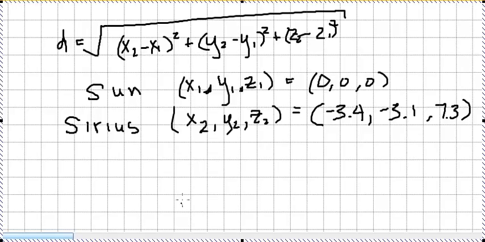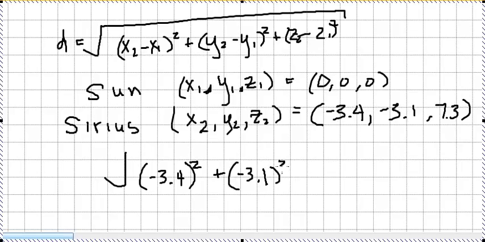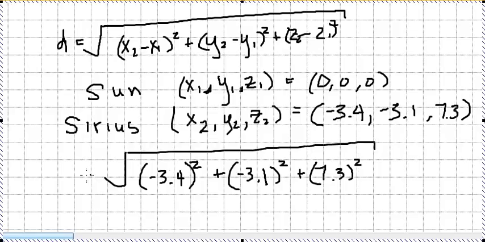Now when you plug all of those in, you're going to have this crazy equation. Actually, it's not going to look so bad. It's going to be the square root of negative 3.4 minus 0, but you don't even need to write the minus 0, squared, plus negative 3.1 minus 0, you don't need to write it, squared, plus 7.3 squared, and you find the square root of it.